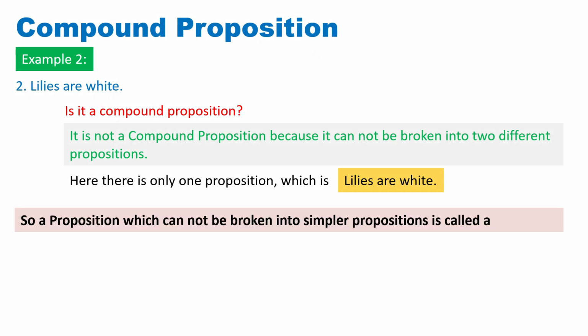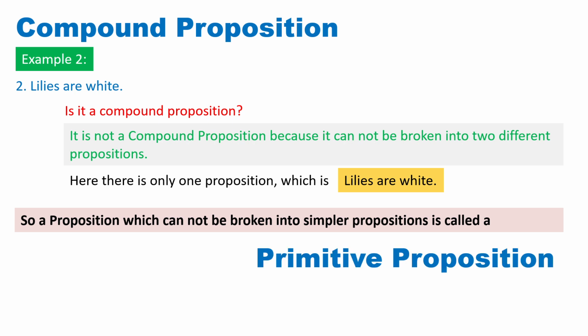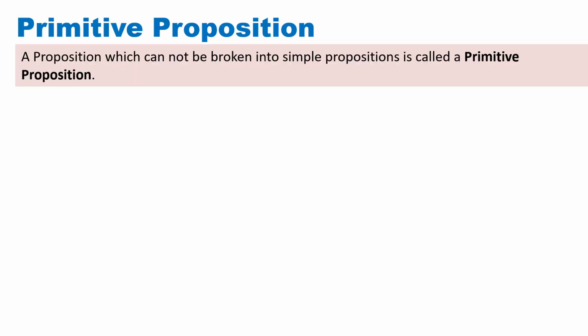So a proposition which cannot be broken into simpler propositions is called a primitive proposition. Now let's look at the definition of a primitive proposition. A proposition which cannot be broken into simple propositions is called a primitive proposition. Let's take a few examples.